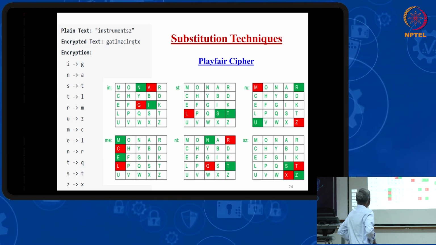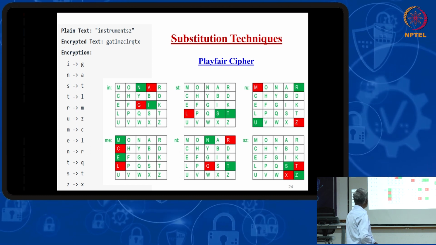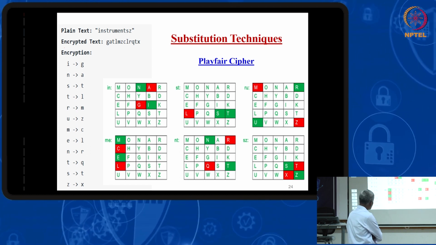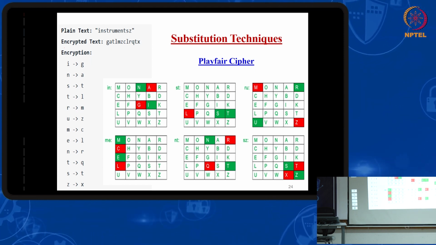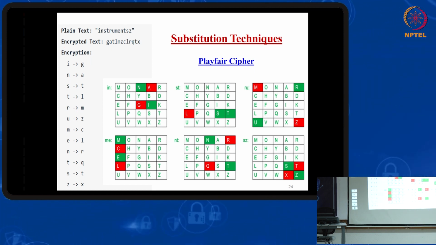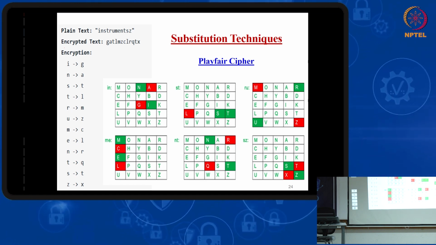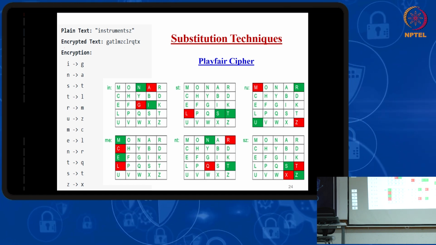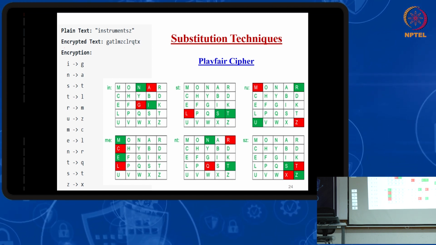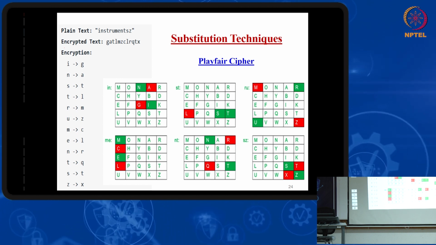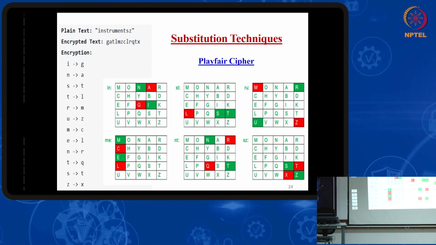So these are all instruments with monarchy. Whatever rules I have told so far, all the rules together, it is for a bigger word, instruments. First IN you have to take. IN will be converted to GA.